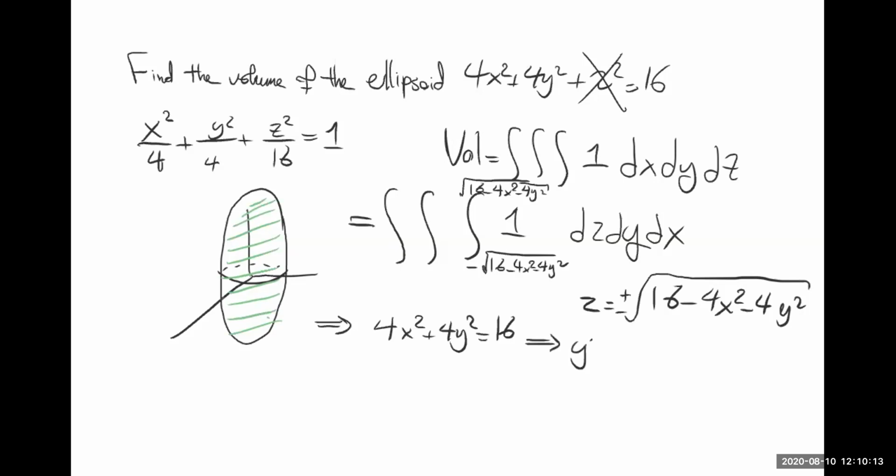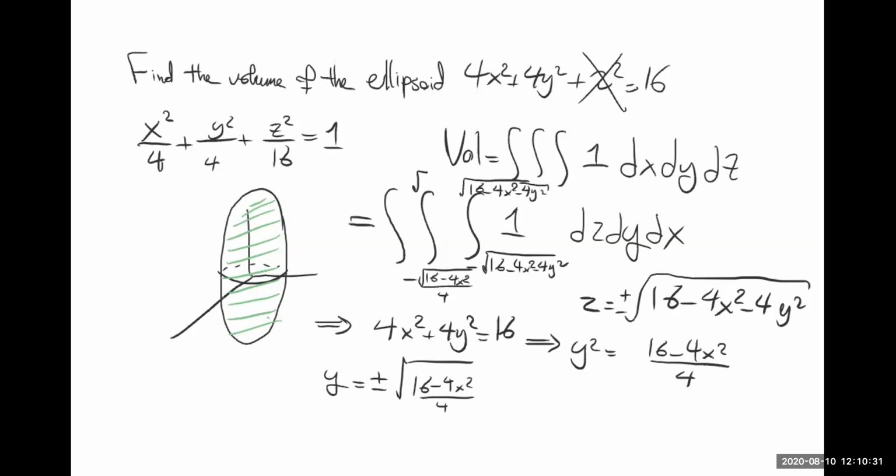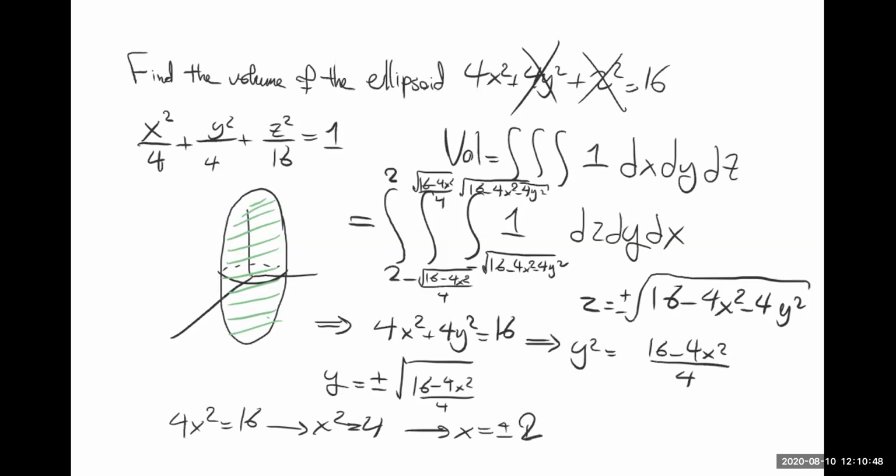It means y squared is 16 minus 4x squared over 4. Therefore, y would be plus or minus the square root of 16 minus 4x squared over 4. These are the bounds for y. And if I even ignore y, I would get 4x squared equals 16, which means x squared equals 4, or x is equal to plus or minus 2. These are the bounds for x.